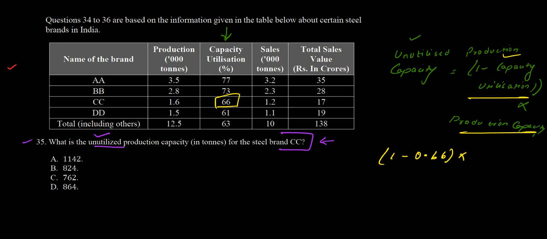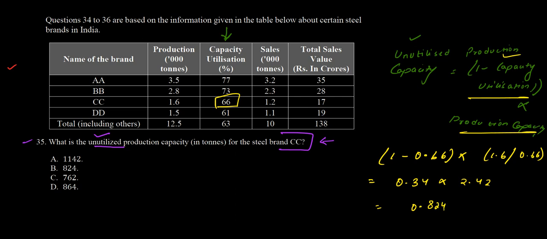In the first question, which is question number 34, we found it to be 1.6 divided by 0.66. So solving this, we will get 0.34 into 2.42. So this will give us 0.824.